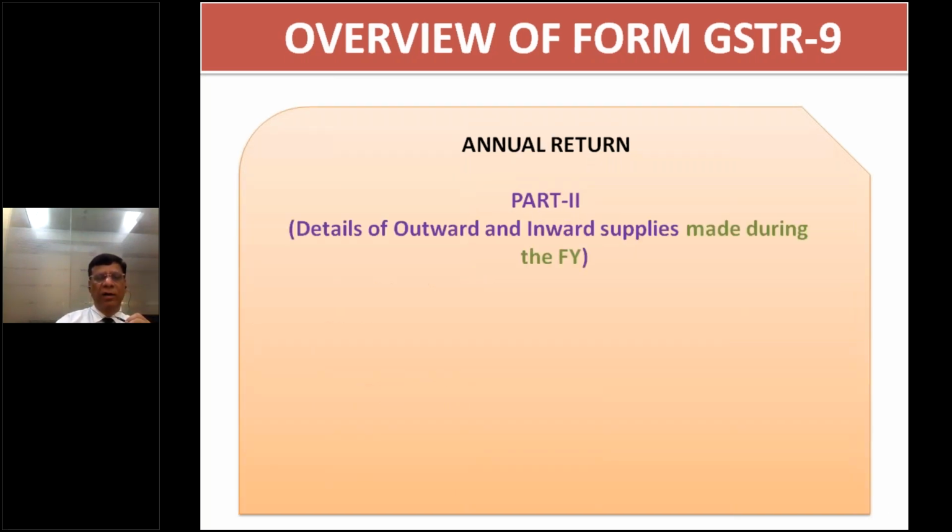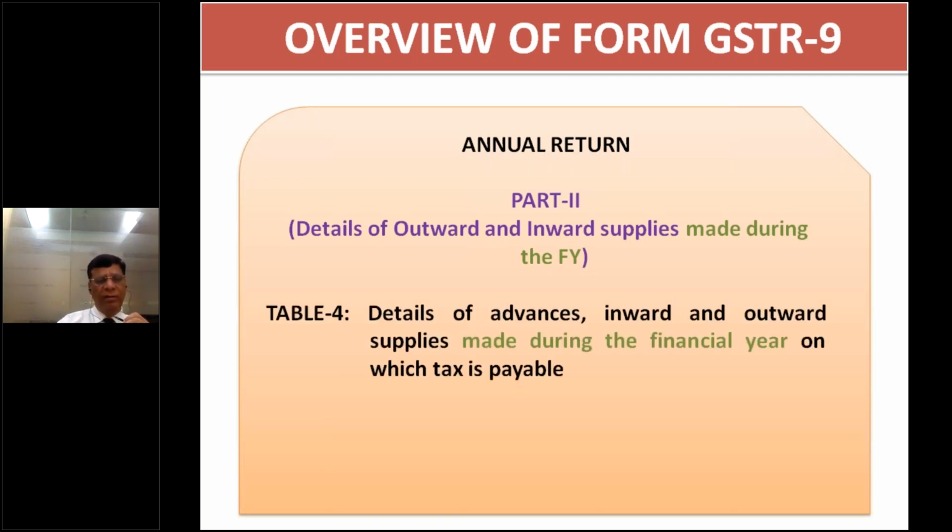Part 2 contains details of outward and inward supplies made during the financial year. It contains 2 further tables. Table 4 contains details of advances, inward and outward supplies made during the financial year on which tax is paid. I think lawmakers are concerned with this Table 4, that is, how much are the advances or inward or outward supplies on which the taxpayer is liable to pay tax.